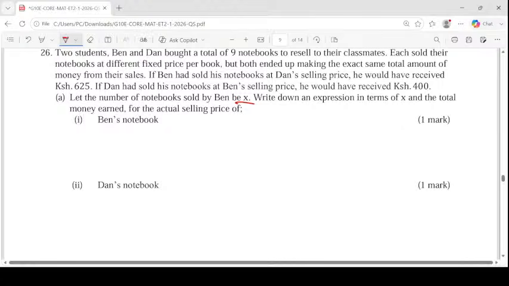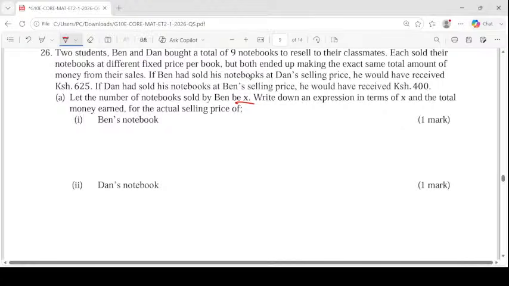We are looking at this particular question. So we need to know the total amount of money earned by Ben. But there's something that is giving us a secret here. Each sold the notebooks at a different fixed price per book, but both ended up making exactly the same total amount of money from their sales.